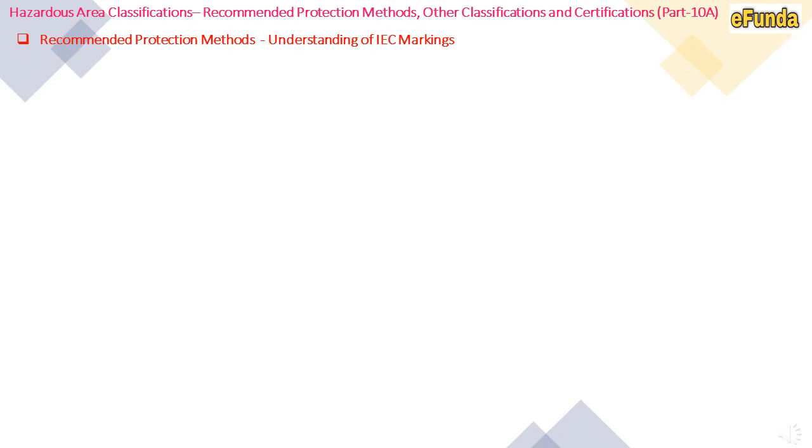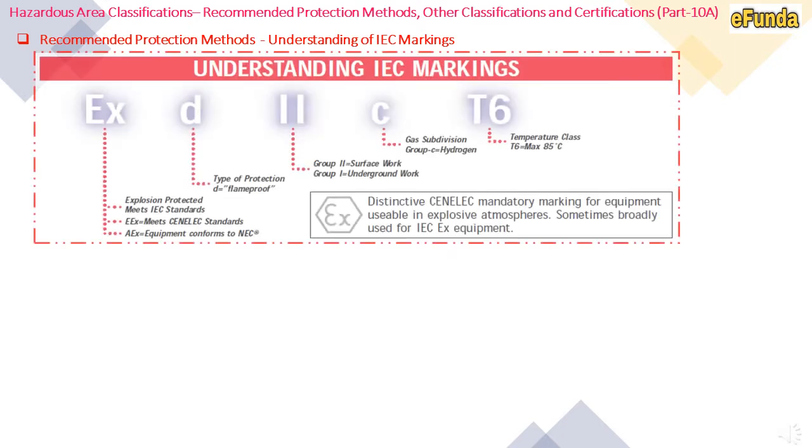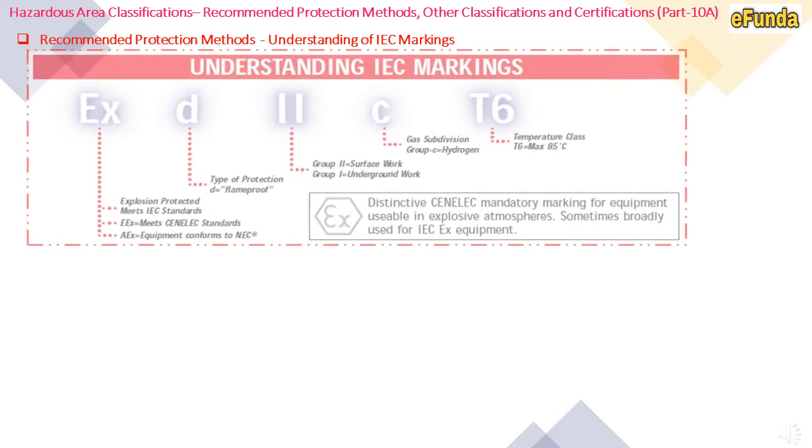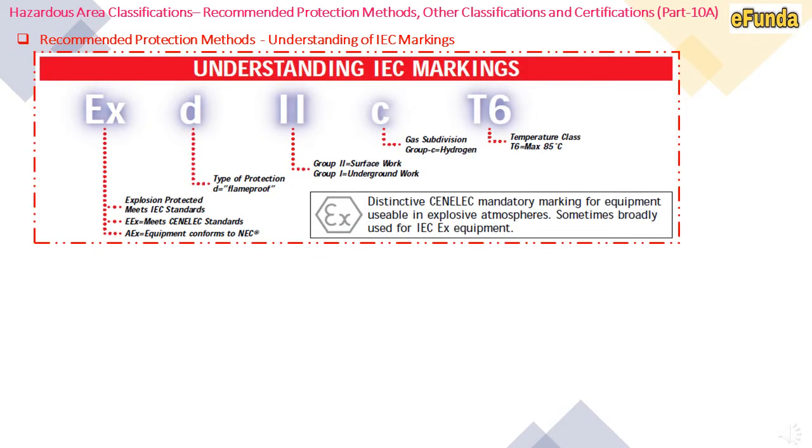For that, one should have a clear understanding of marking. For that, we are going to see IEC marking. One can see in the figure where IEC markings are shown: EX d 2 C T6. Ex is the explosion protected method. d is the type of protection, that is flameproof.